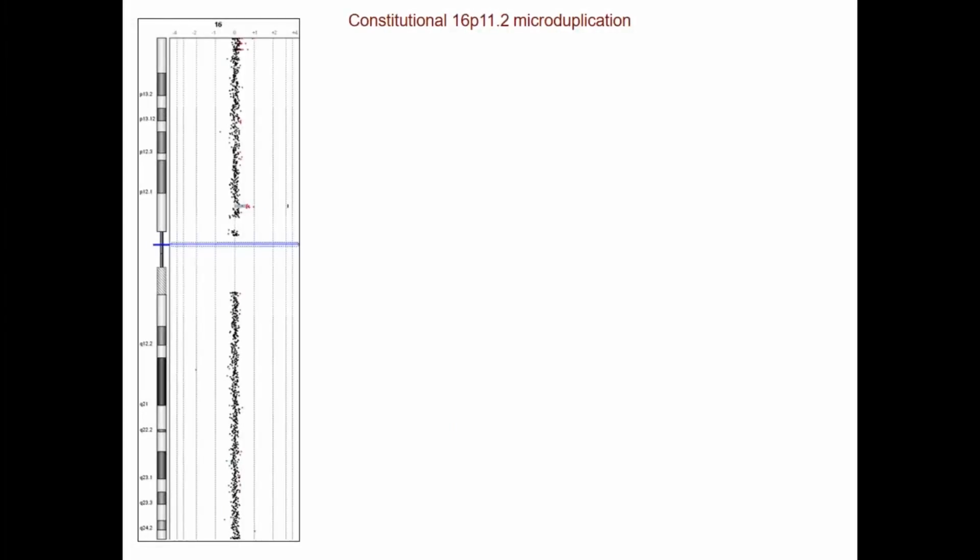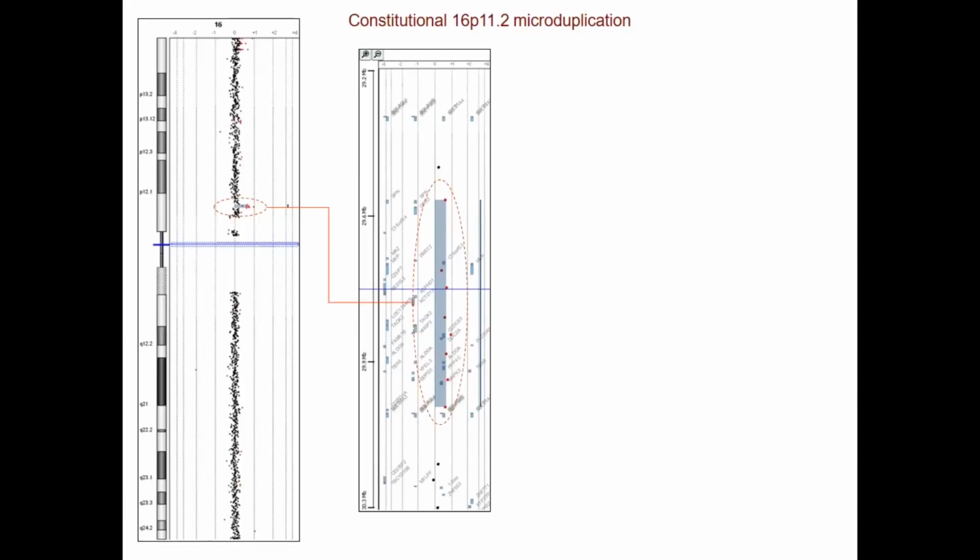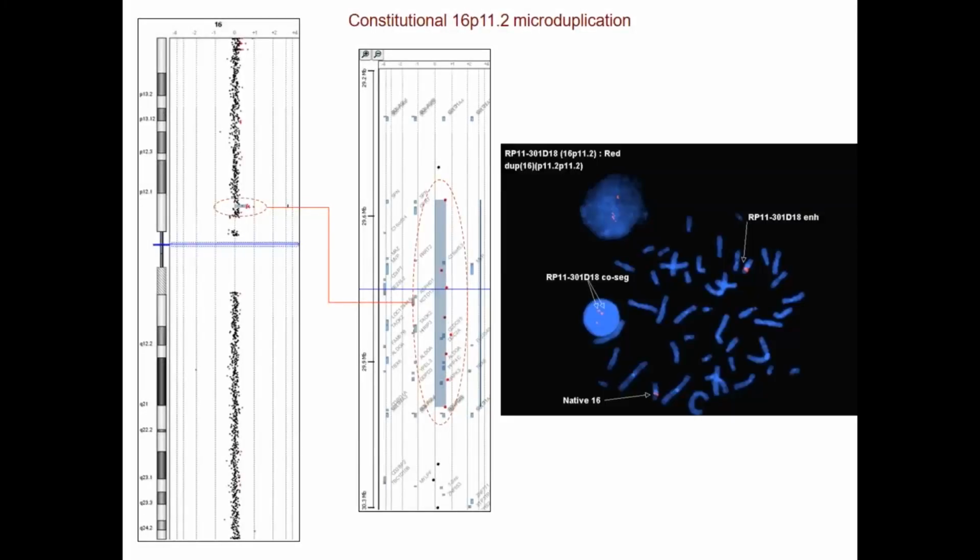Another reason we do this FISH analysis is if we want to study parents, it's a lot cheaper to run FISH on the parents than run an array CGH. The array is expensive, the FISH is very cheap. So if we have a FISH probe within the region of interest, we can run either metaphase or interphase FISH analysis on the parents to see if this deletion or duplication is de novo or inherited.